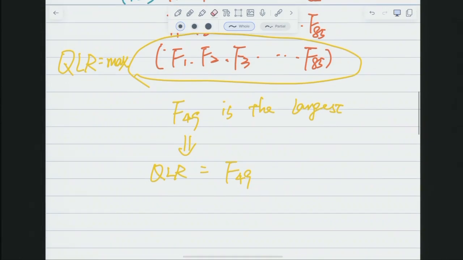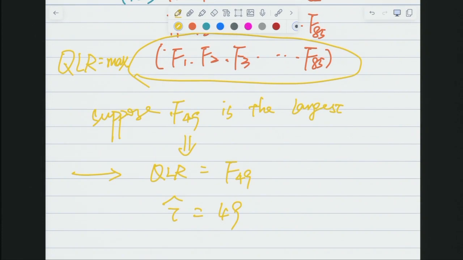In the example we consider here, our tau hat is 49, okay? Because 49 is the time index that gives us the largest F statistic in our artificial example, okay? So this is the QLR test.